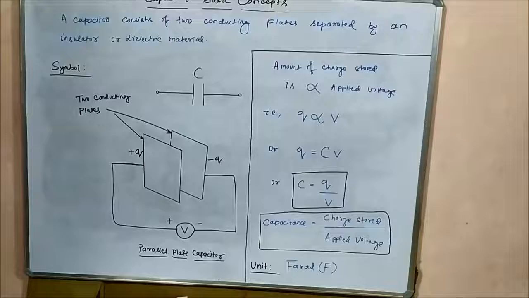Only then can you analyze the various electrical circuits in a proper way. So this is a very important relationship. All the other relationships with respect to the capacitor will be derived from this basic relationship. C is equal to Q by V. Capacitance is equal to charge by applied voltage.